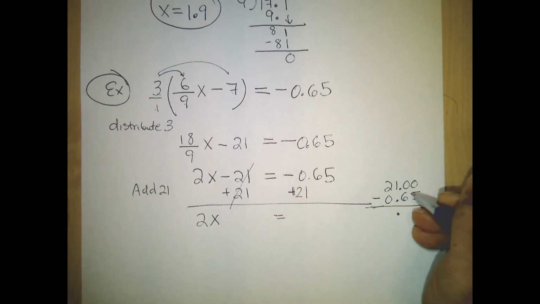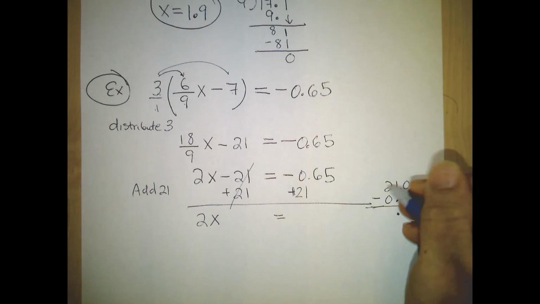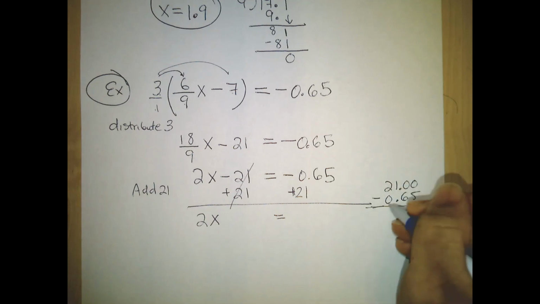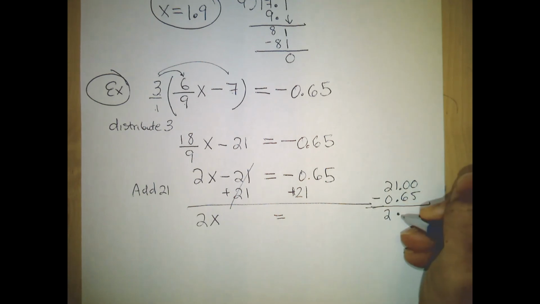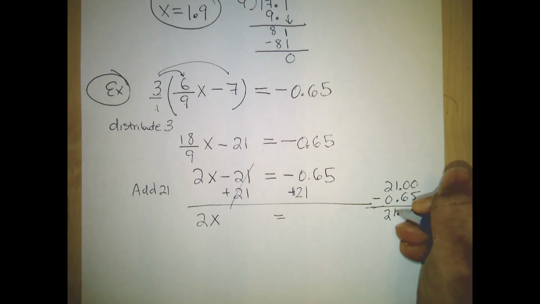Well, if you think of this as 2100 minus 65, that will be 2,035.